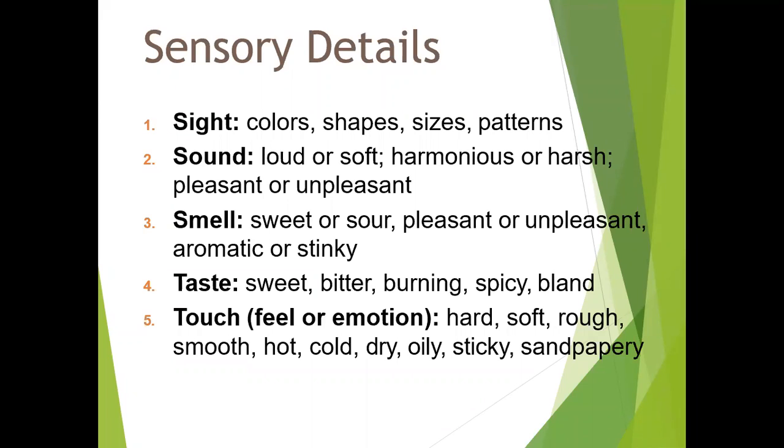Smell can be pleasant or unpleasant, aromatic or stinky. A stinky place is not so pleasant smelling. Aromatic we usually use for food, so: the food was so aromatic. Taste: whether it is sweet or bitter or burning or spicy or just plain or bland, anything.